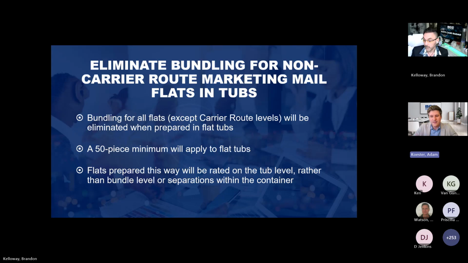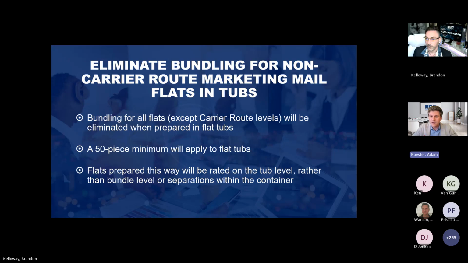And the exception to that, of course, is that the carrier routes will still be bundled as they are today, and the piece minimum for those tubs is going up, right? So it's no longer based on the bundles, it's based on how many pieces are in that tub to meet that minimum. This is corresponding very closely to what the post office did with first class mail a little while ago as well with those flats and tubs.